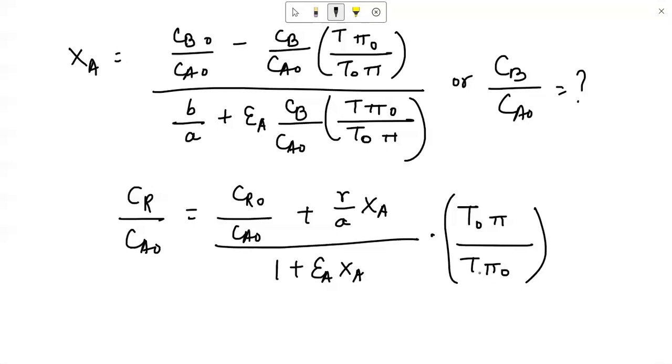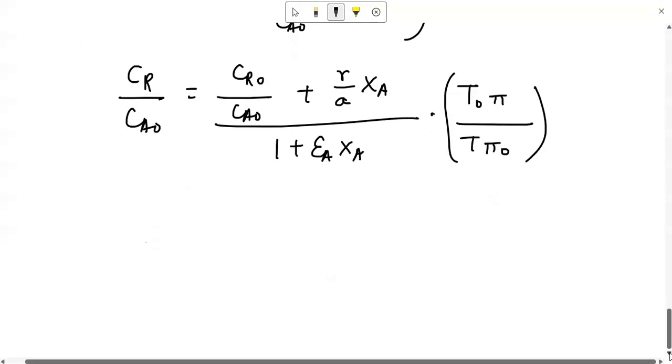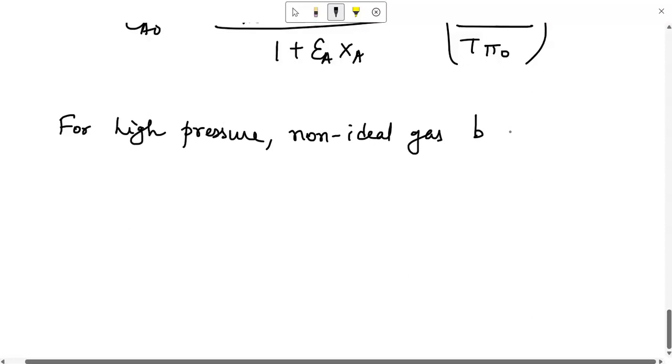Now we can consider this ideal gas behavior when we have low pressure considerations, but for high pressure we are dealing with non ideal gas behavior. In that case we have to bring the compressibility factor into play. So Z is the expression for compressibility factor.